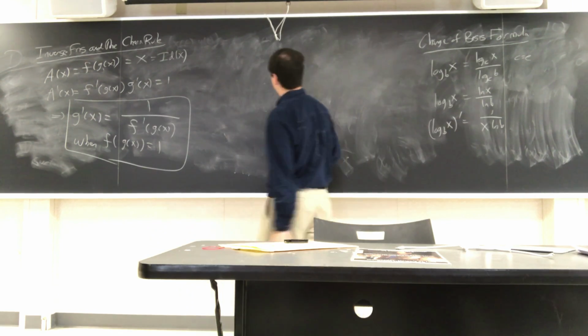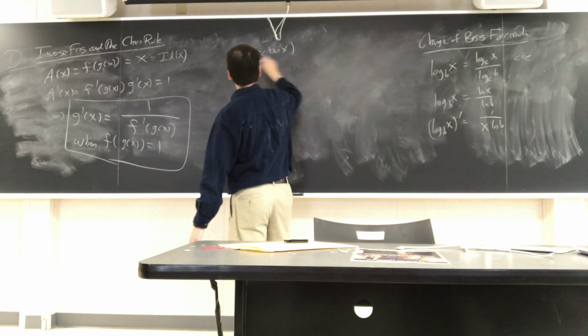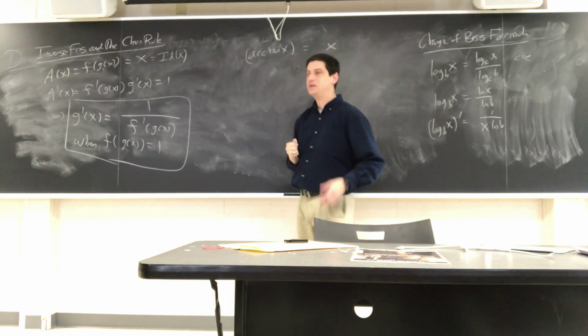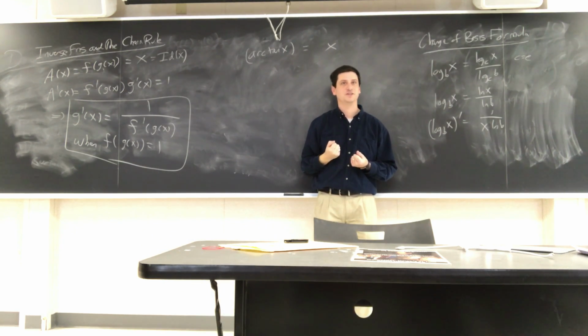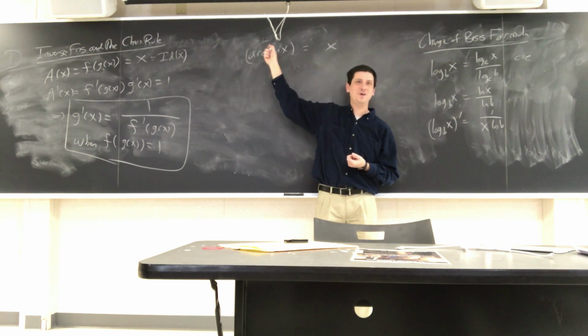The inside one has to involve arctangent. And I need to choose an outside function such that when I apply that to arctangent, I get back x. What should the outside function be? Tangent. Take the tangent of the angle whose tangent is x. What do you get back? x.